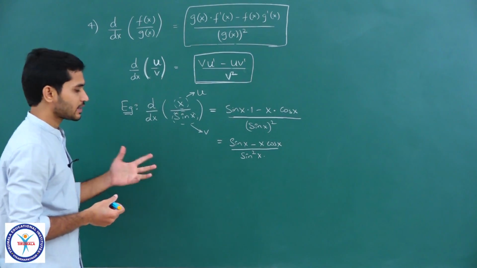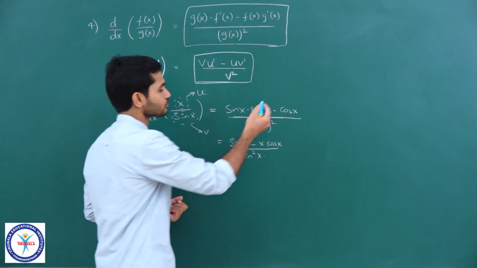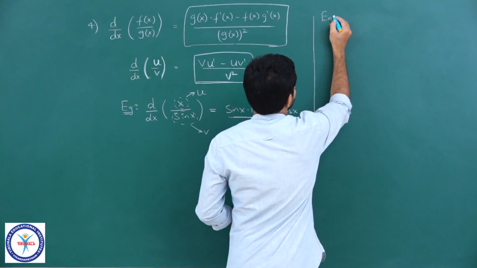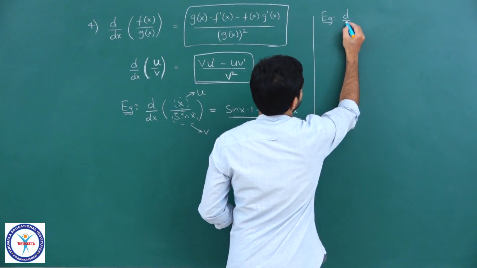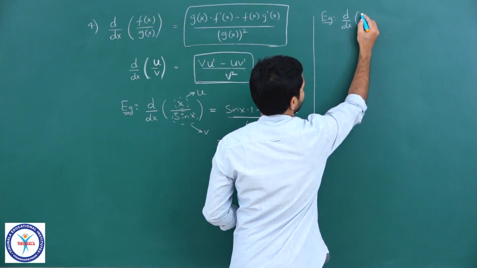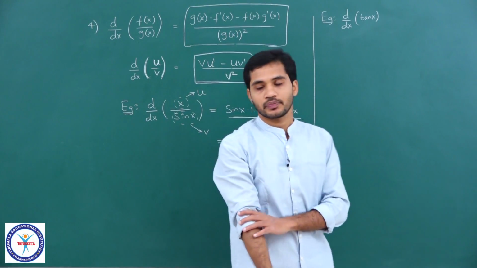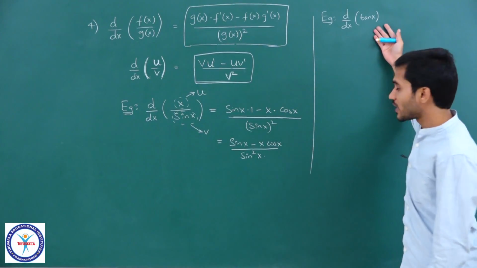Okay. So, let us see one more example. This time let us take an example like this. We need to find the derivative of d by dx of tan x, right. Now, you might ask, where is the numerator and denominator here?